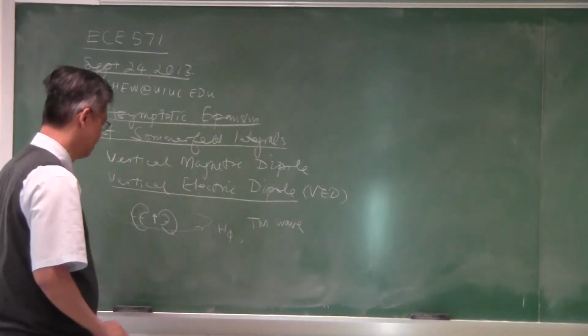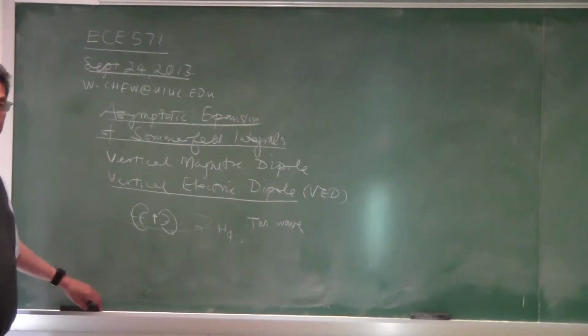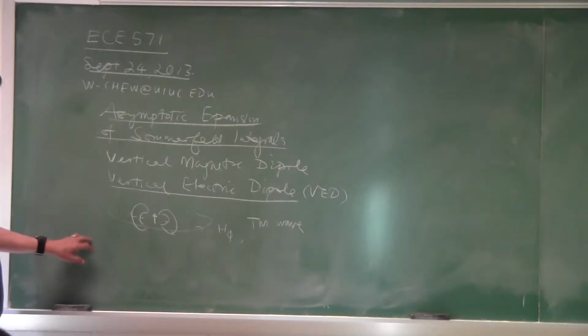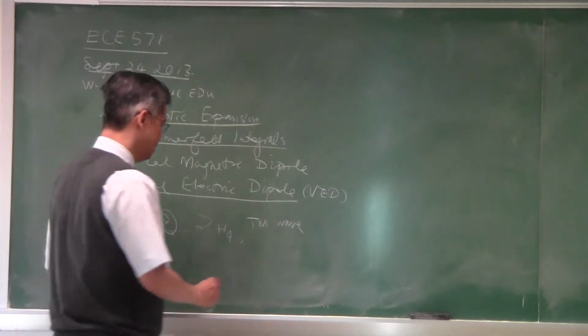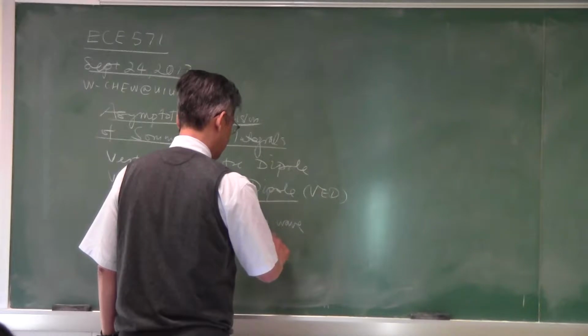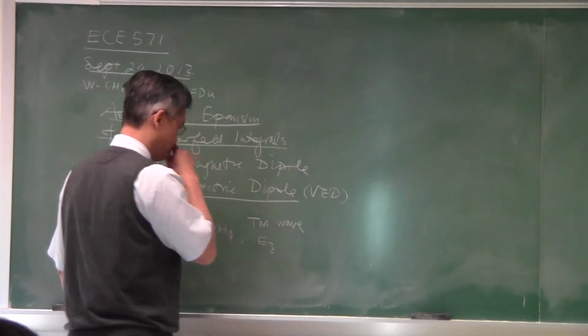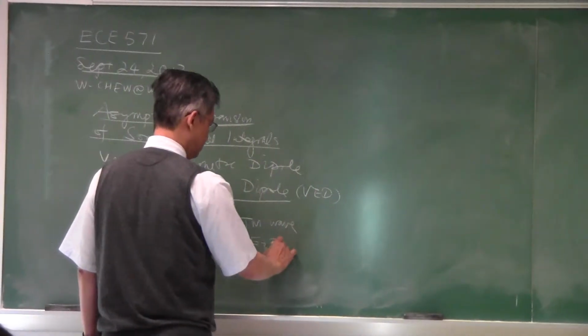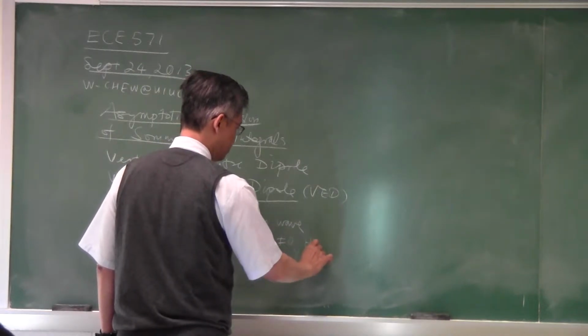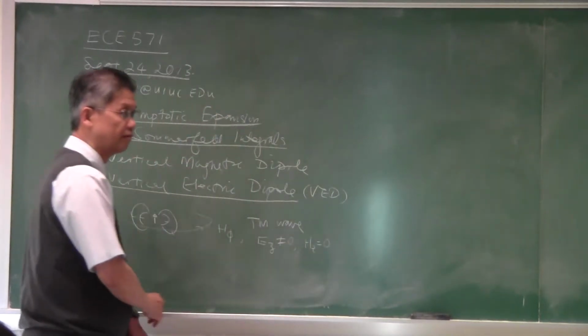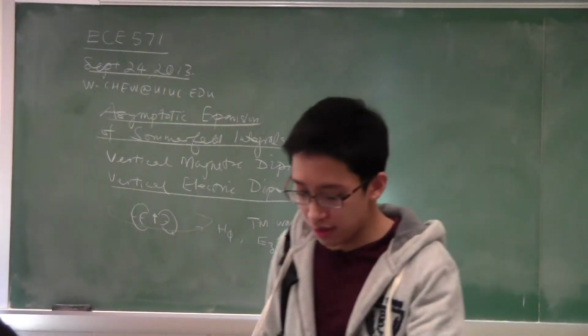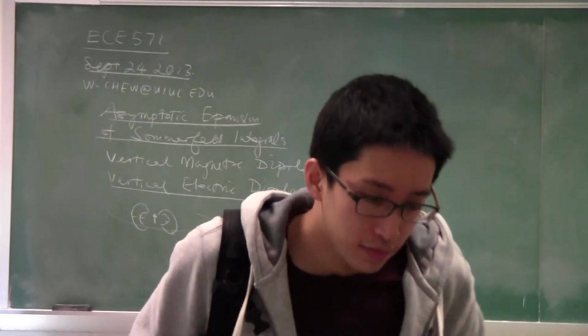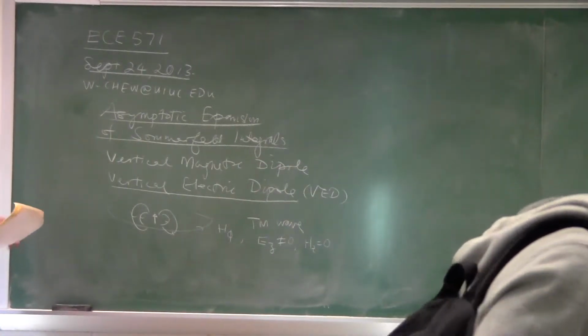There's the insight that we can gain even before we solve the problem. If it's a TM wave, then it must be expressible in terms of Ez. Ez is not equal to 0, Hz equal to 0. That is the peculiarity of this one. Ez not equal to 0, Hz equal to 0.